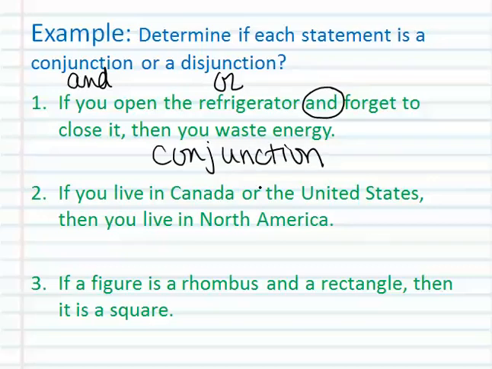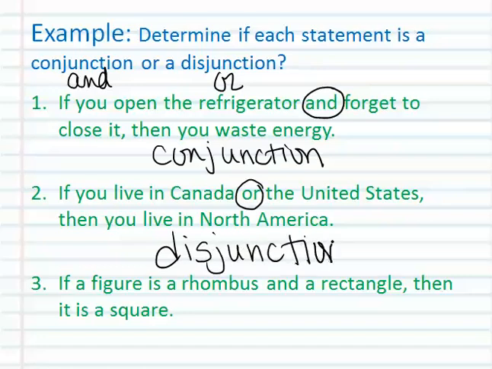If you live in Canada or the United States, then you live in North America. With the word or, this is a disjunction. The last example, if a figure is a rhombus and a rectangle, then it is a square. And the word and makes this a conjunction.